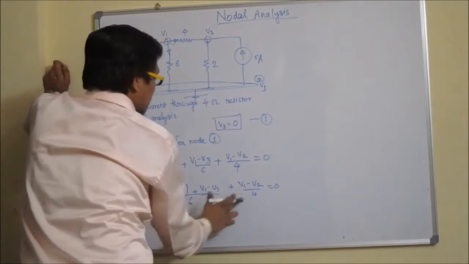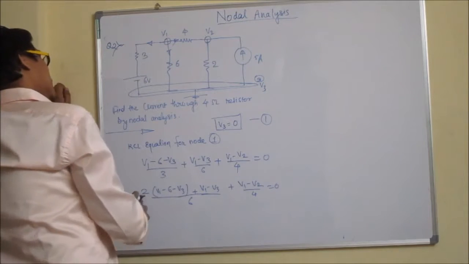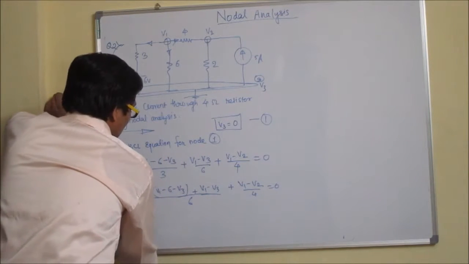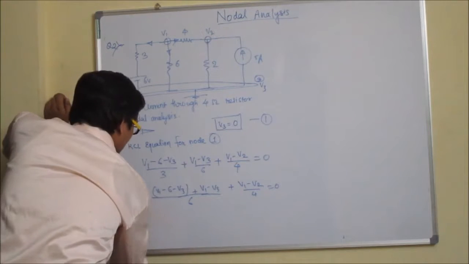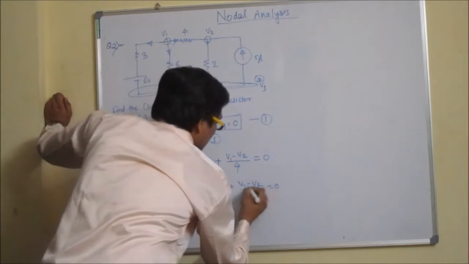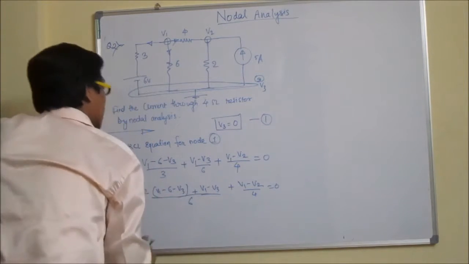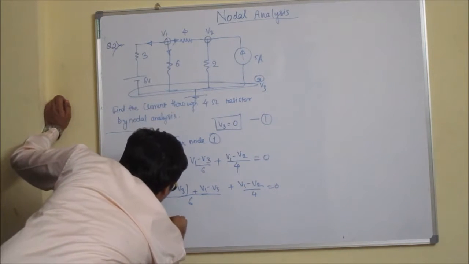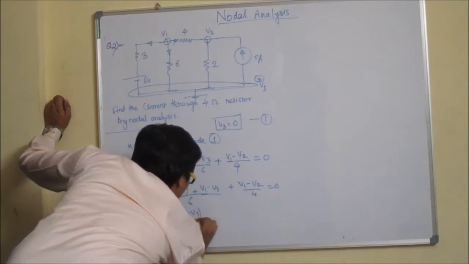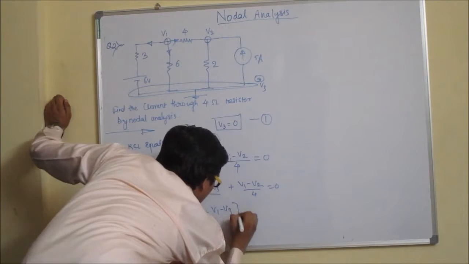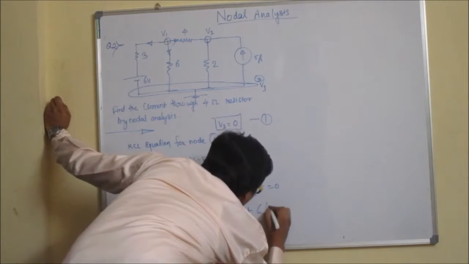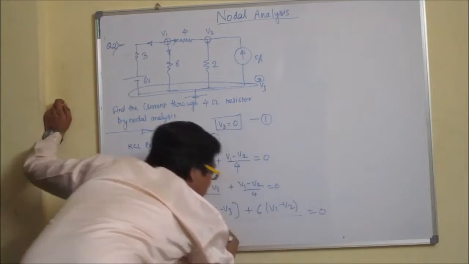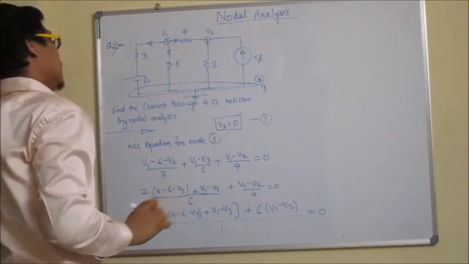I can make the common denominator 24. So I multiply and divide by 4 here and by 6 there. Therefore, 8 times (V1 minus 6 minus V3) plus 4 times (V1 minus V3) plus 6 times (V1 minus V2), divided by 24, is equal to 0. 24 goes to the other side and it is actually equal to 0.